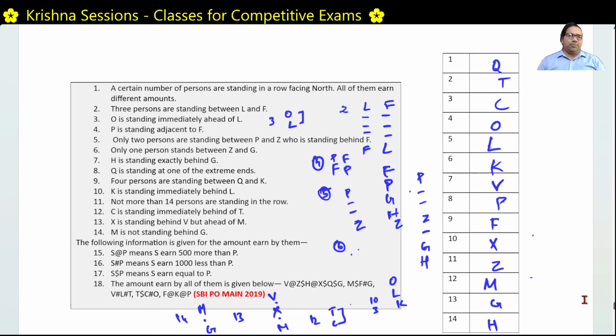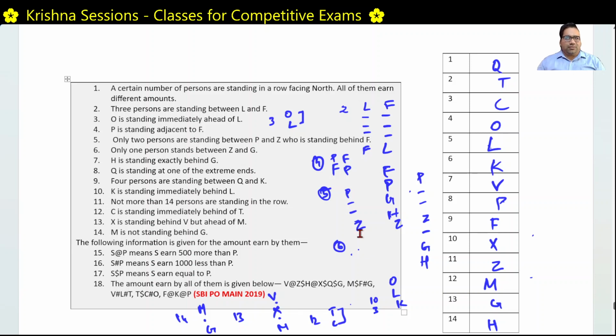Right? You understood this problem, right? First, what we have started? We have started with Q at one of the extremes, either this extreme or this extreme. We took the bottom extreme. Then Q, space between Q and K. There are 4 spaces. Then O, L, K, they should be together. We have figured out O, L, K. And then what happened? We tried to put P double space Z, but we were not able to, because there we have to accommodate F also, G also, which was not possible.